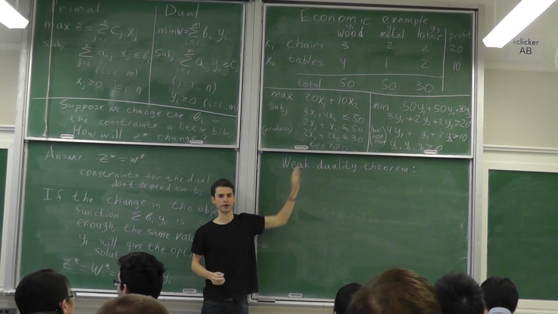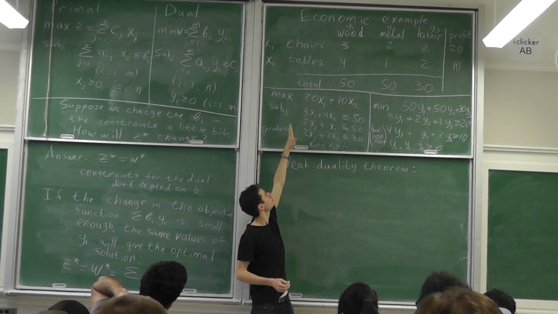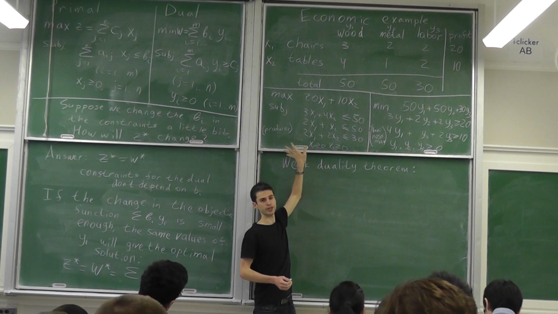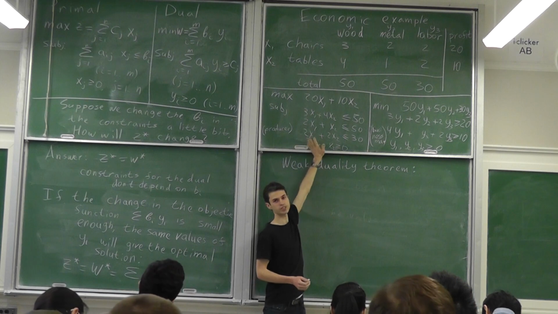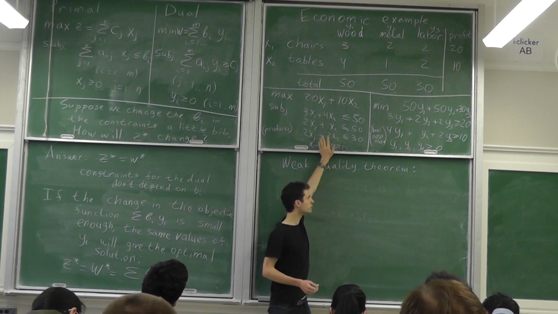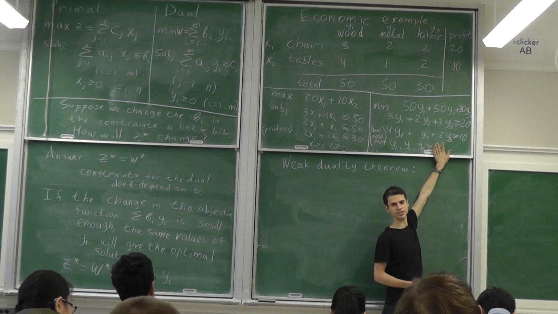Maybe buyer. So the big duality theorem tells you that the amount of profit that you will derive from the production, any feasible solution here, is always smaller or equal than the price which you get in this case.